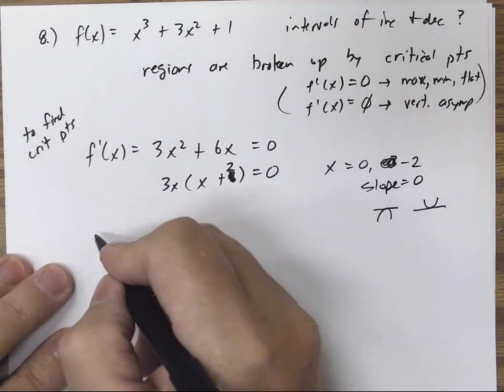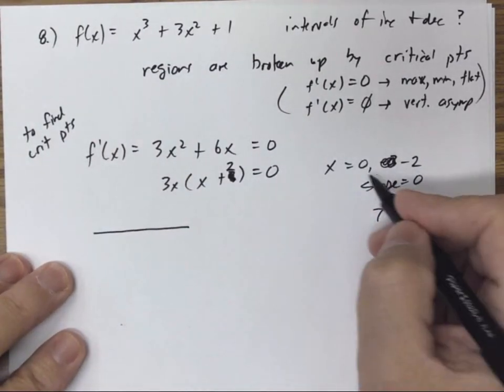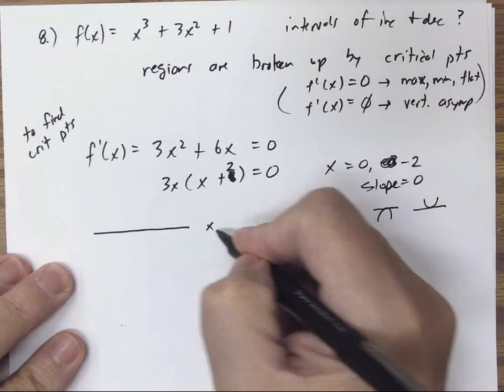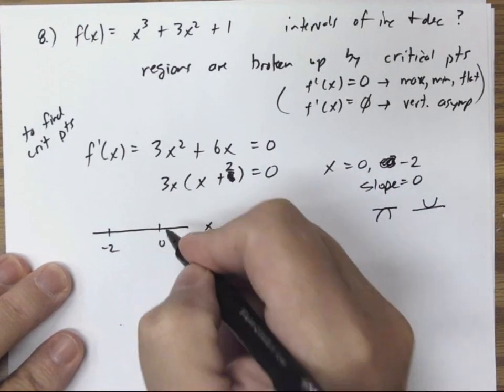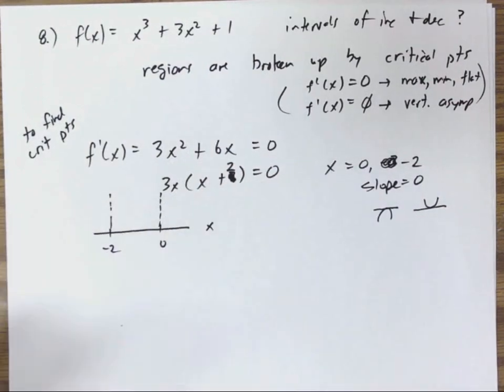So what I'm going to do is draw a little pseudo graph to help me see what's going on in the regions. So this is like my x, so minus 2 is right here, and I'll put 0 here. And these critical points break up into regions.